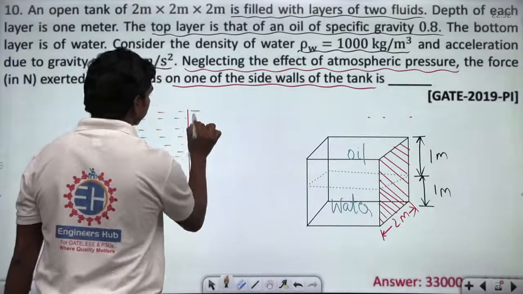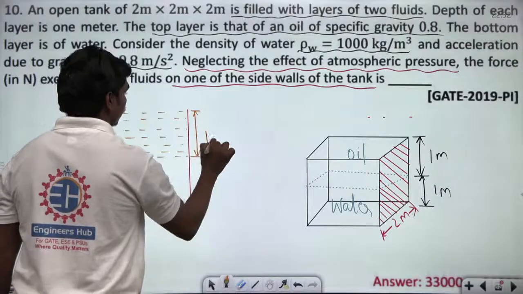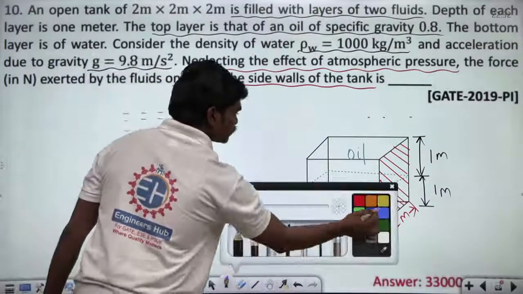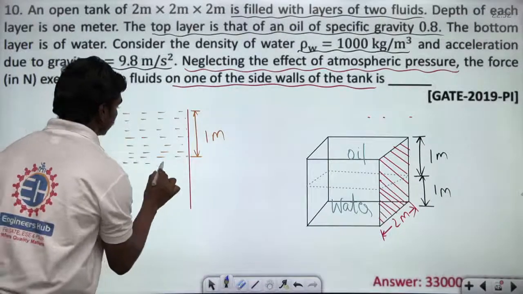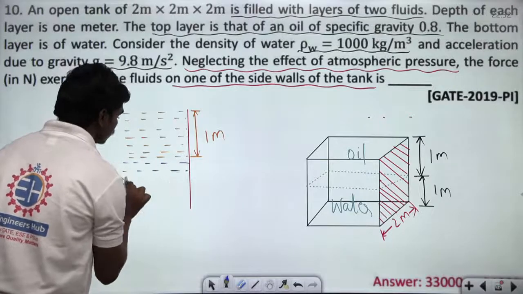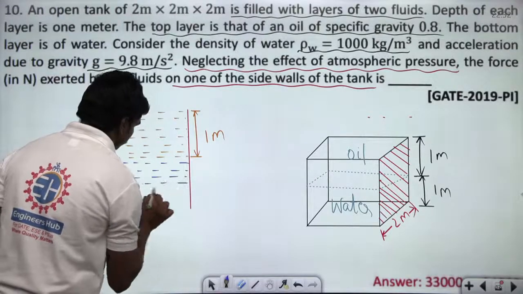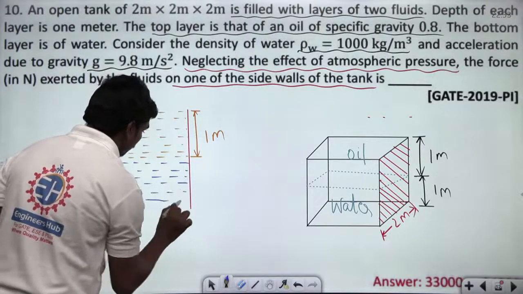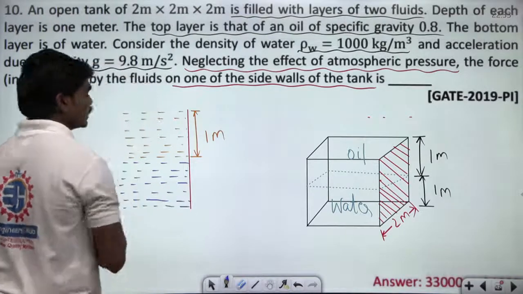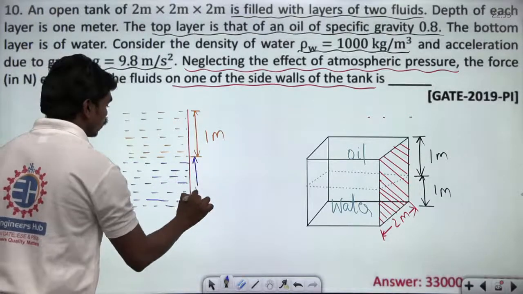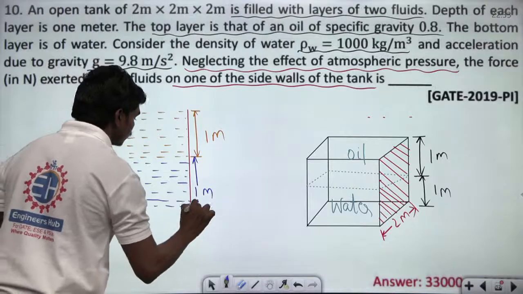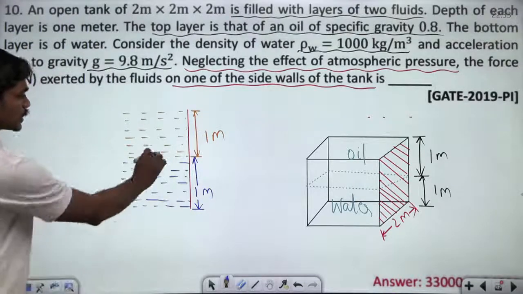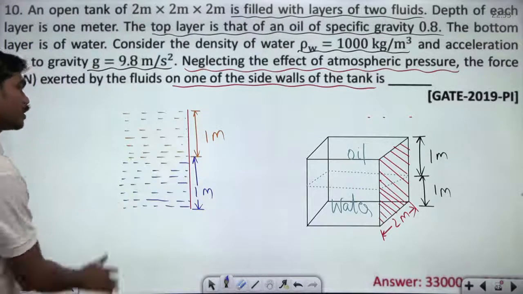We have water for the next part, and this is 1 meter. Now, what is the total pressure force acting on this surface because of these two fluids?